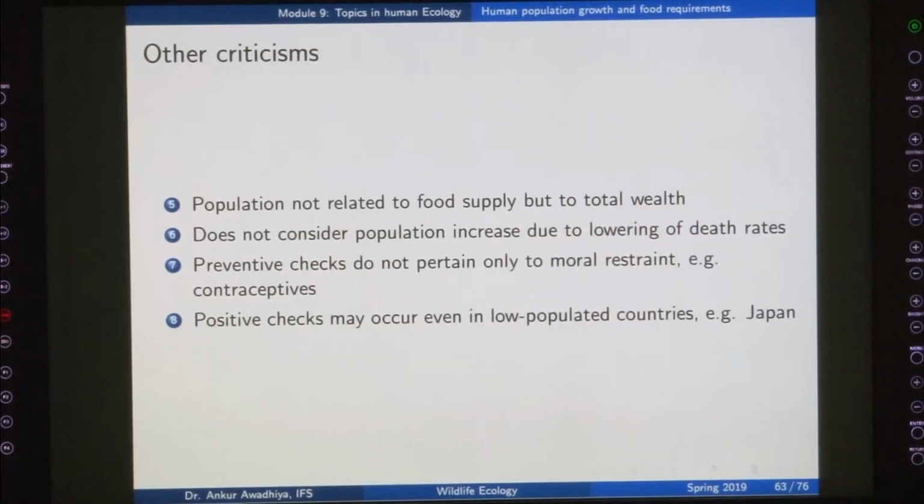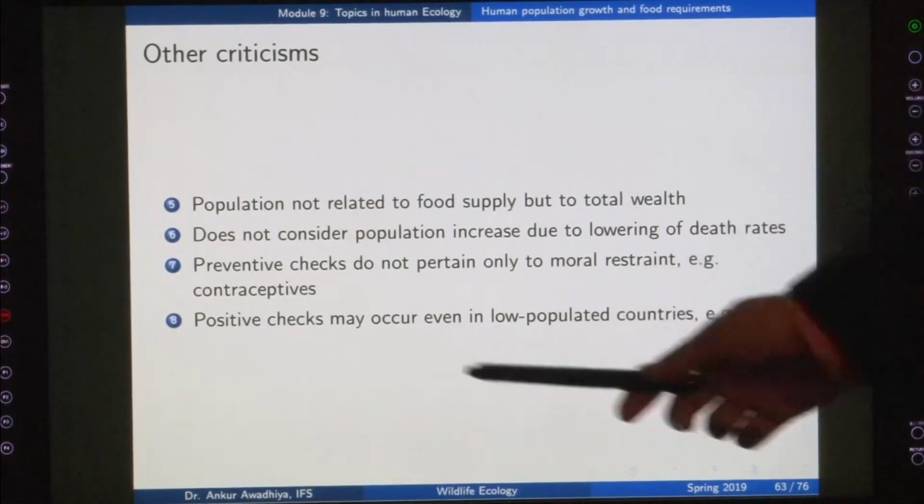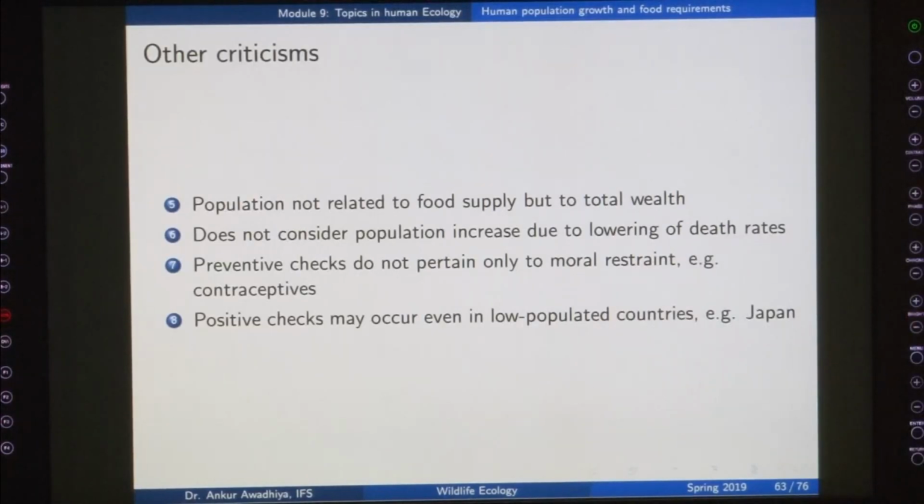And another criticism of Malthus is about the positive checks. He said that there will be positive checks thrown out by nature if you have a high population in an area. If you have a population that has surpassed the amount of food that is available, only then nature puts in positive checks like pestilence or diseases or floods and so on. But we have seen that positive checks may occur even in low populated countries such as Japan.